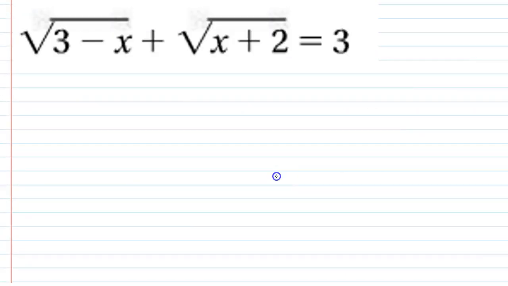Here's a similar problem to the last one. Try pausing the video and working it out on your own to see if you can get it right.